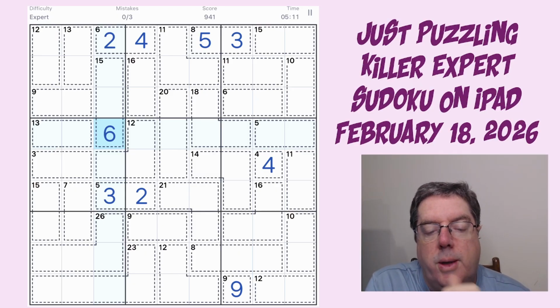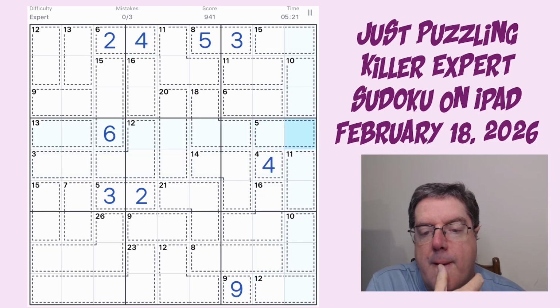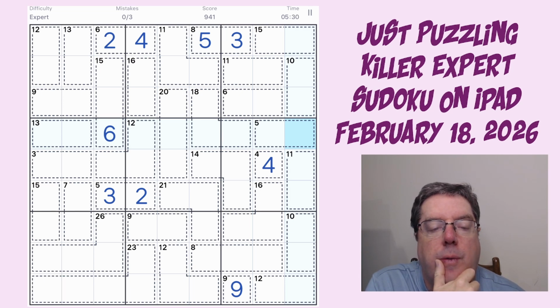2 and 3, so 3 can be here, here, and here. Reason being this is 2 and 3 because it can't be 1 and 4. 4, 3, 8, 5. So 4, 5 there, 2, 4, 5.